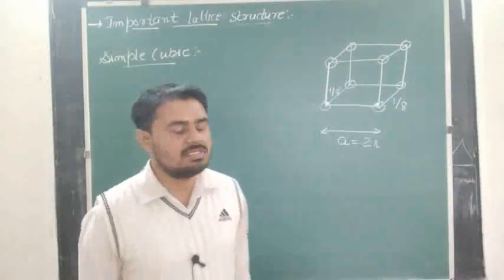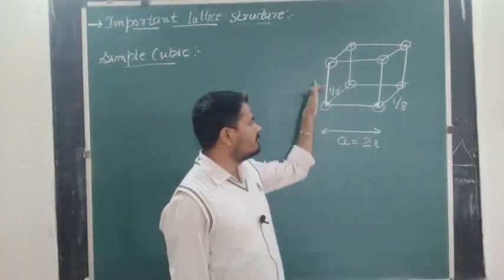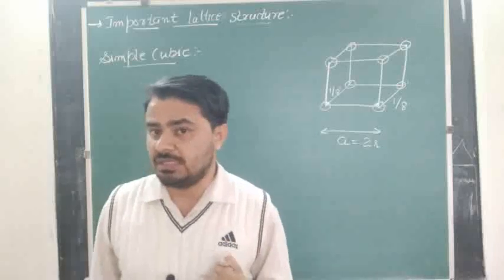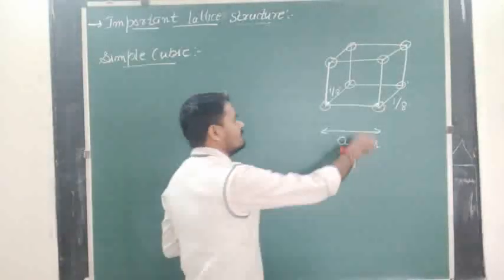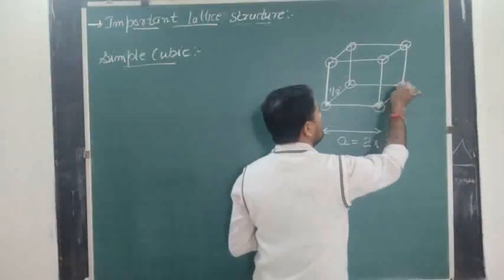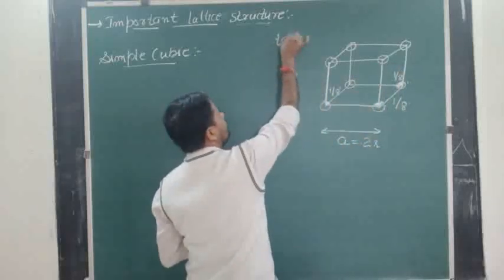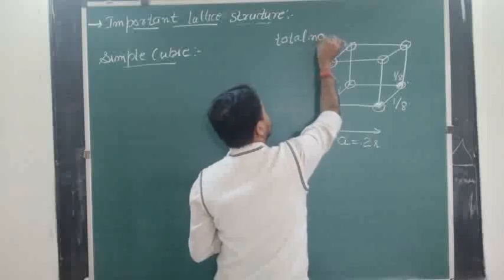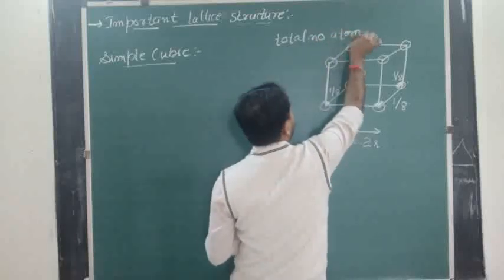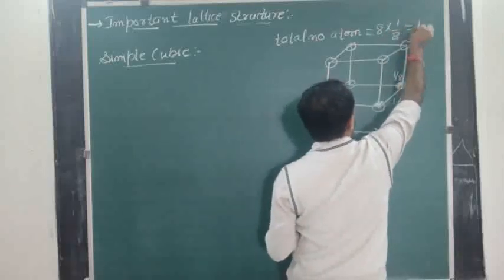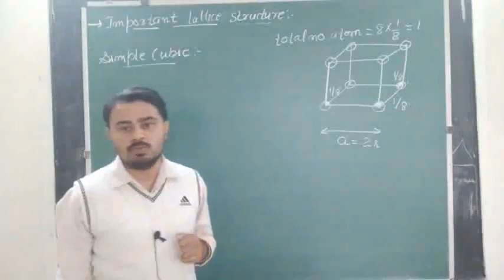Why? Because this corner atom is further shared with 8 unit cells in the 3-dimensional system. Now, if 1/8 is the contribution of each atom, then the total number of atoms per unit cell is 8 times 1/8, that is equal to 1.